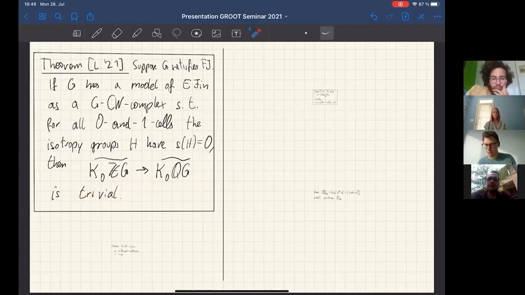This is a mouthful, but in particular, if all finite subgroups satisfy this condition, then in particular the classifying space does. So for example, if G is abelian, or if I know that for some reason all the subgroups involved are symmetric or dihedral, or have some condition, then I know that this map is trivial.